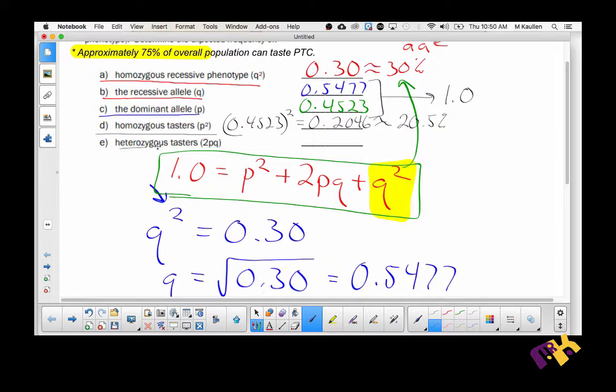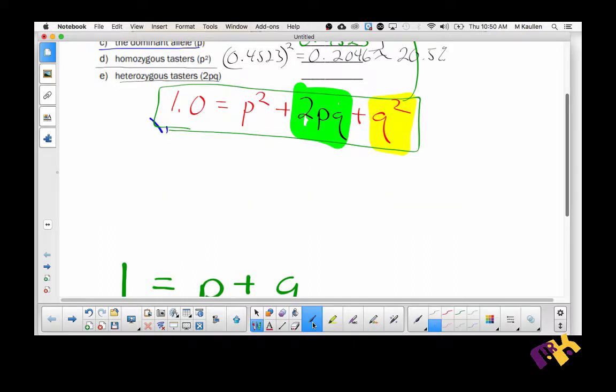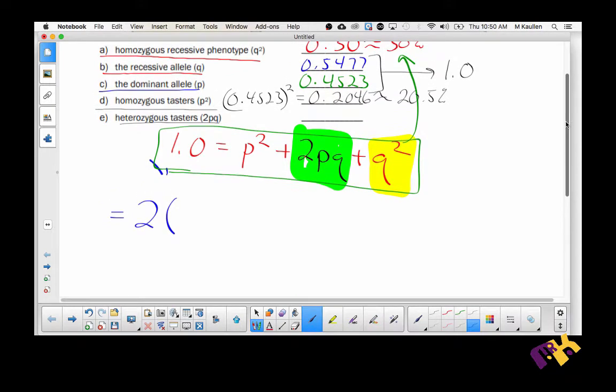All right, and then as far as the heterozygous tasters, we're going to make use again of that Hardy-Weinberg equation, noting that we're now after this 2PQ. So we had to set up our math here. It's going to be equal to 2 times P, which is 0.4523, multiplied by Q, which is 0.5477.